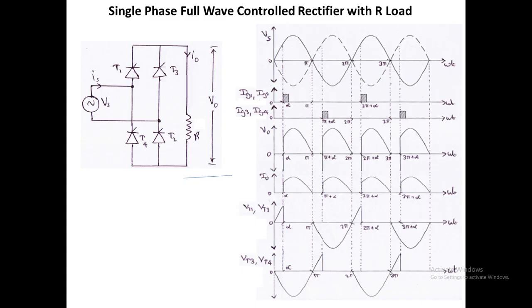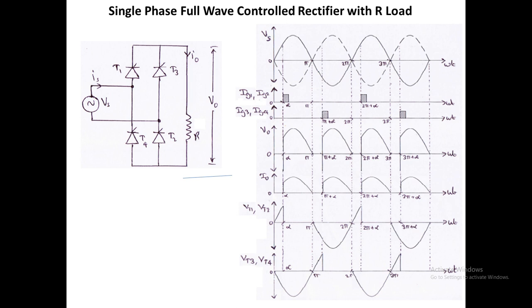And for the current, if we are using a resistance of 10 ohms, the voltage divided by the resistance will give the maximum magnitude of I0. That is, with 325 volts maximum voltage and resistance of 10 ohms, we will get a maximum current of 32.5 amps. So this is the V0 and I0 output voltage and output current waveform.